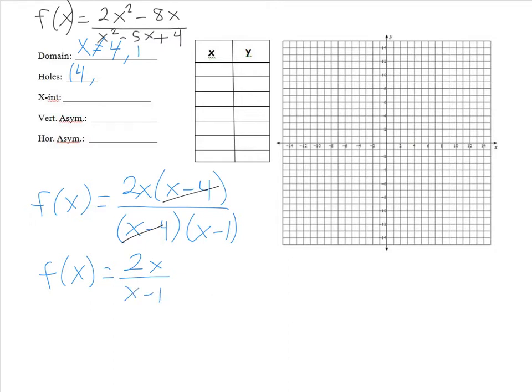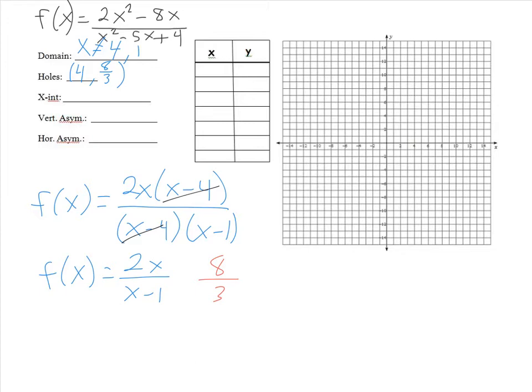I have 2x over x minus 1. How can I get my y coordinate? Ooh, if I plug back in my x, I can get my y. So for that one, I would have 2 times 4 is 8. 4 minus 1 is 3, so 8/3. So there's my hole.